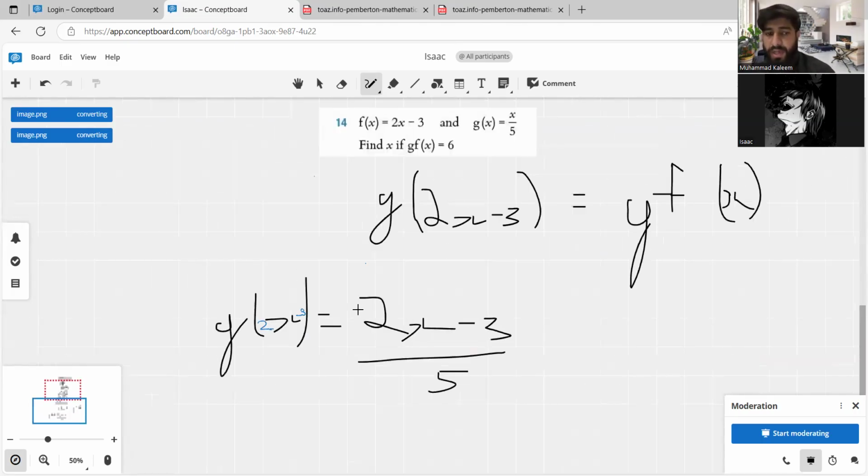After getting g of f of x, you have to put that value equal to 6. Here we have 2x minus 3.